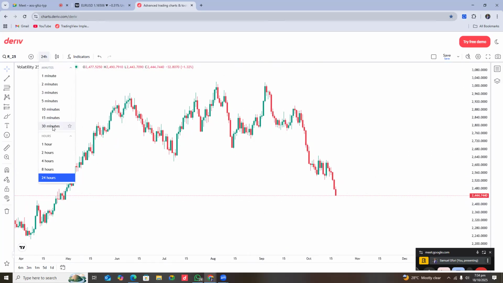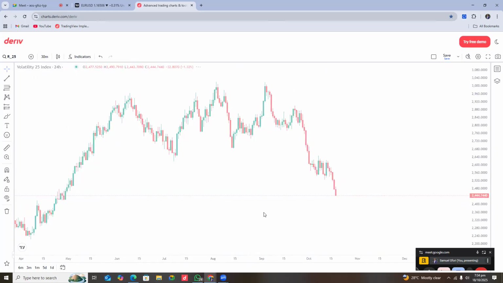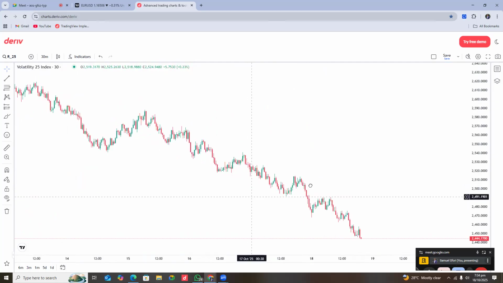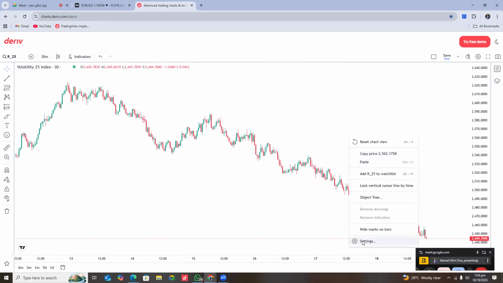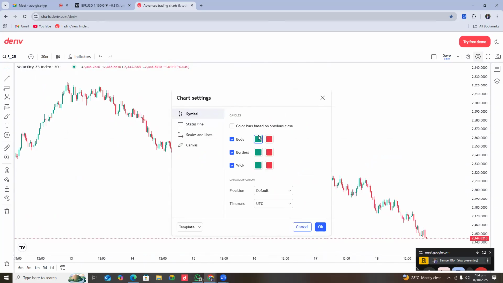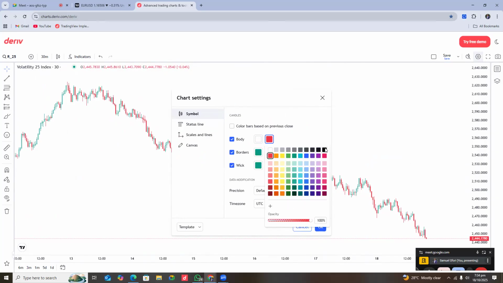If we are in a downtrend, I would like to take my trades on the 30 minutes. So all I have to do is to zoom to 30 minutes, okay? And you see we have a clear downtrend in the market here. Let me change this to my default colors.